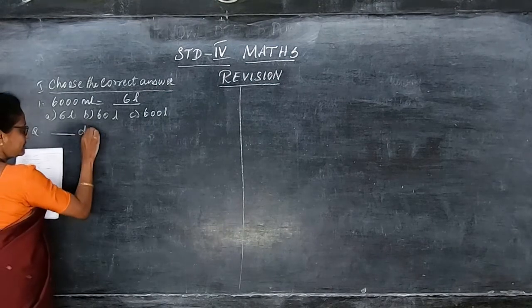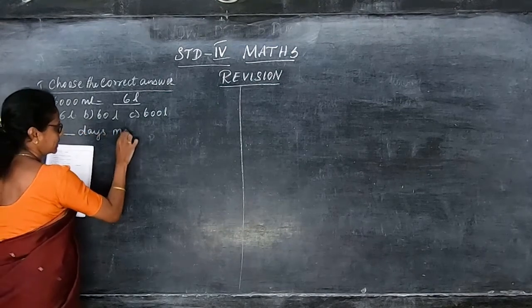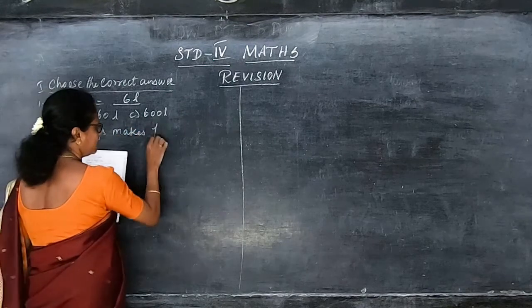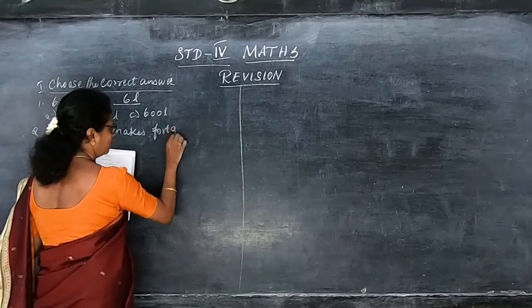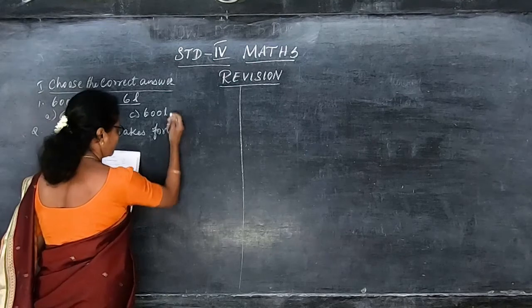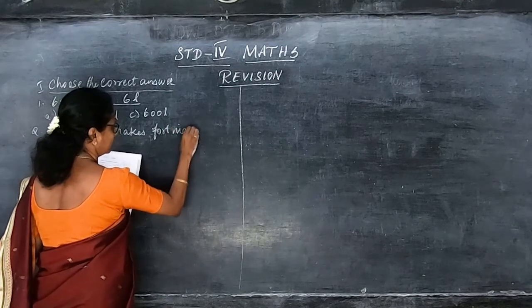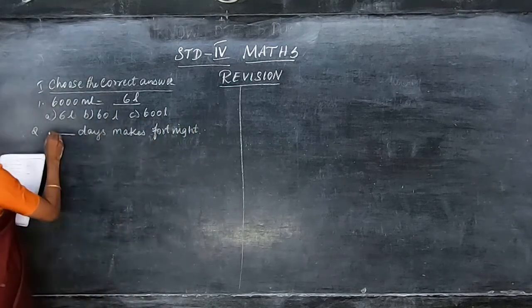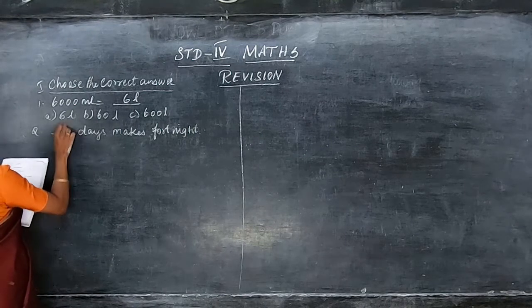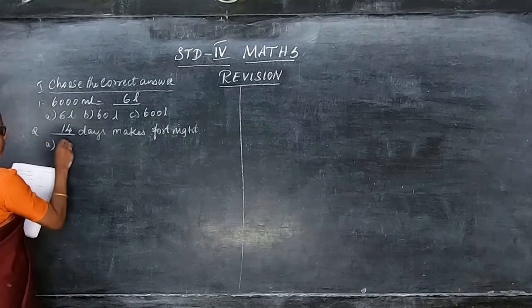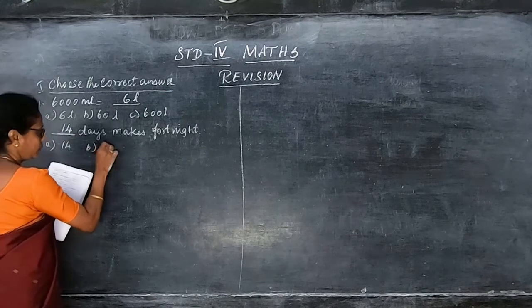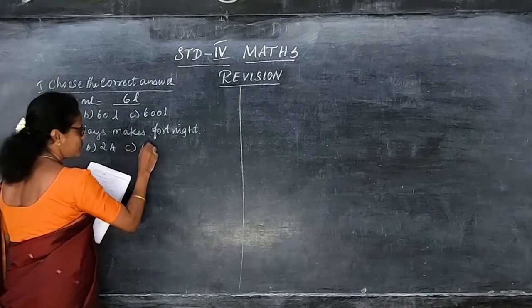Dash days make fortnight. So 14 days makes fortnight. A is 14, B is 24 and C is 12.